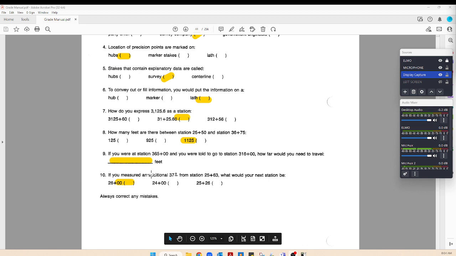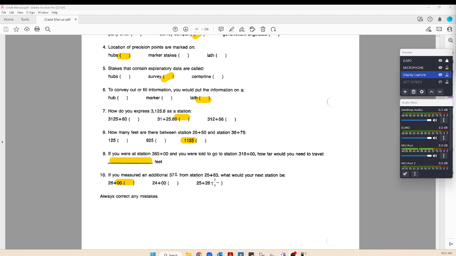Number 10: if you measured an additional 37 feet from station 25 plus 63, what would your next station be? Okay, I'm at station 2563. I want to put a station 37 feet further than this one.